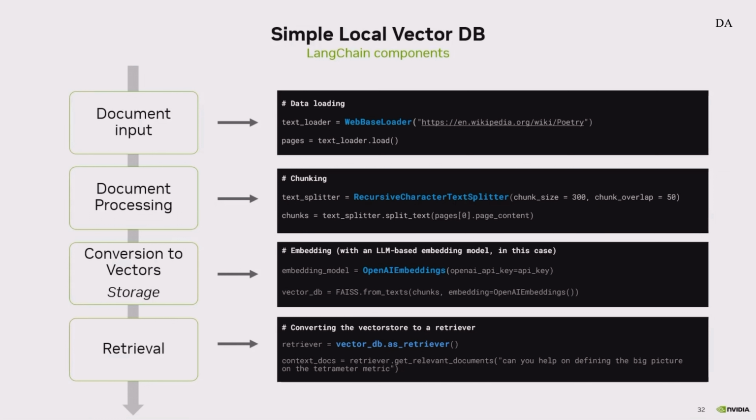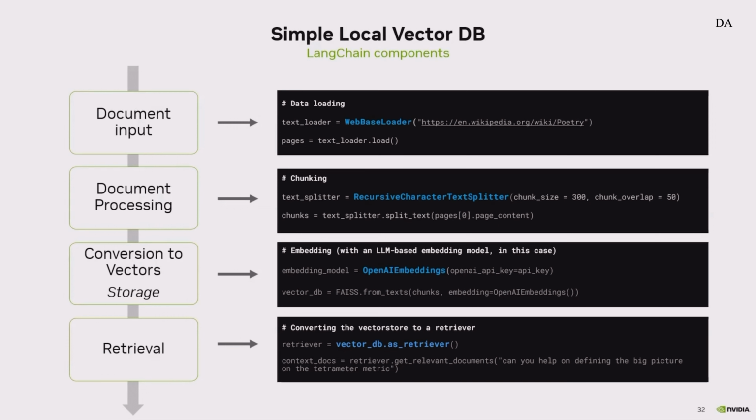One way to do this is to use the FAISS function, the Facebook AI Similarity Search function, where we pass in our chunks, then we pass in the reference to our embedding model, and what comes out is our vector database. Later, we'll need to retrieve, and so we have to make sure to set up a retriever object that's going to be looking at our vector database.